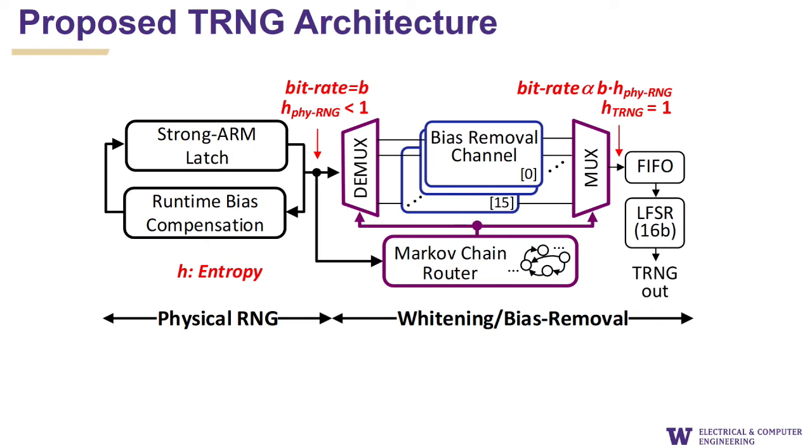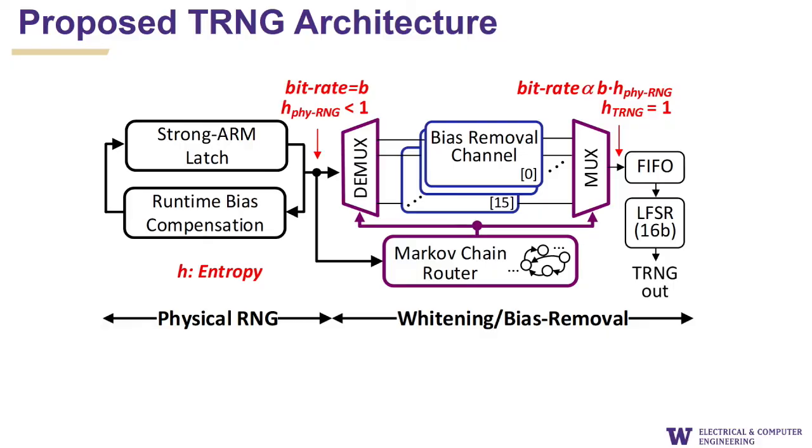In other words, they have the same history, and therefore the same probability distribution. There is stuff having to do with flicker noise, but that's a separate conversation. It's this routing that provides the whitening you need. This fixes the autocorrelation to a large extent, and then the bias removal is just removing the bias.